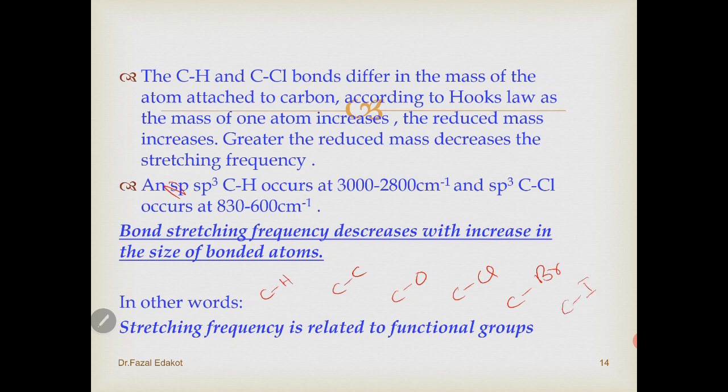I have written them in increasing order of mass. C-H, as we have discussed, is near 3000. This is 1200 per centimeter. Then this is 1100 per centimeter. And this is 750. This is 600. And this comes around 500. So you can see the stretching frequency decreases because the mass of the atom attached to the carbon increases.